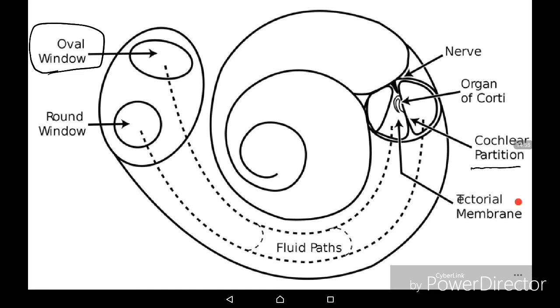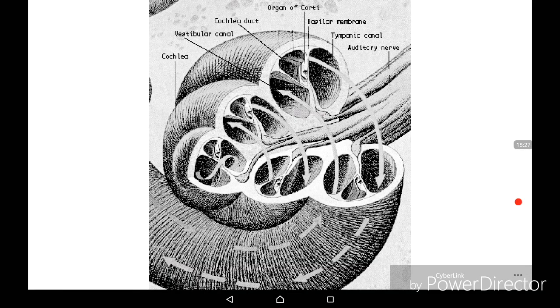And here, in the cross section of this cochlea, we may see the tectorial membrane and the organ of Corti. And here we have the tiny hair cells, mechanoreceptors, that are stimulated by the oscillations of the fluid in the cochlea.